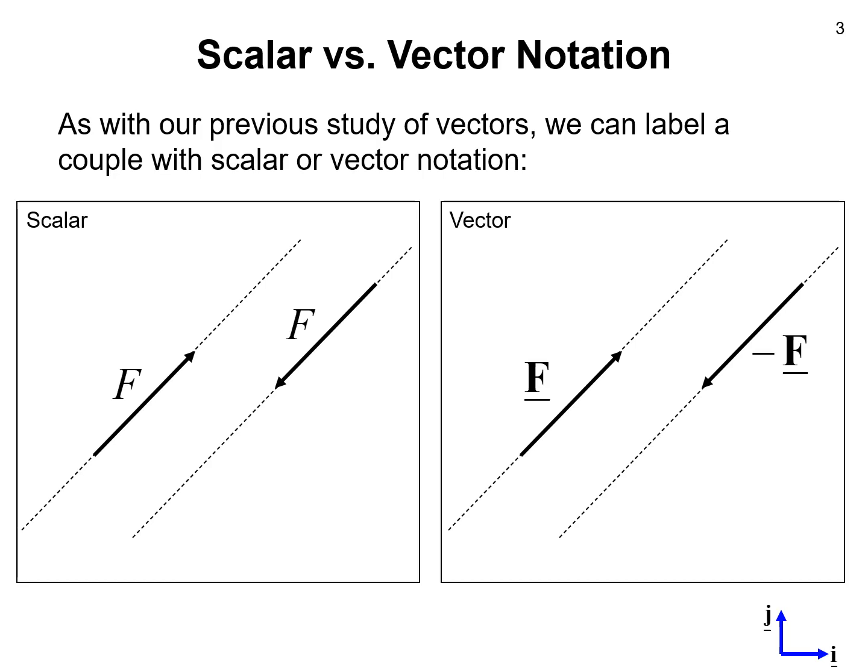On the right, I'm using the full vector labeling, so I'm using the name F vector, the F with the underline, and the other vector, its opposite, is negative F. This might be confusing because you might ask, how come on the left I don't use the negative sign, and on the right I do? It's because on the left-hand side I'm simply using the magnitude as the label, and on the right-hand side I'm using the full name of the vector as the label.